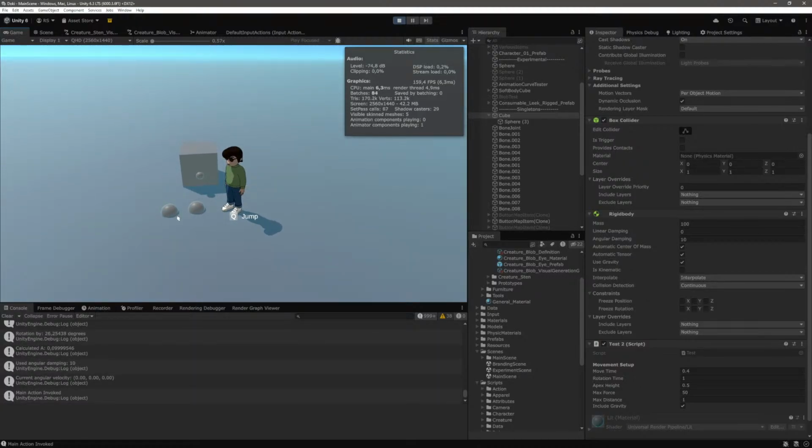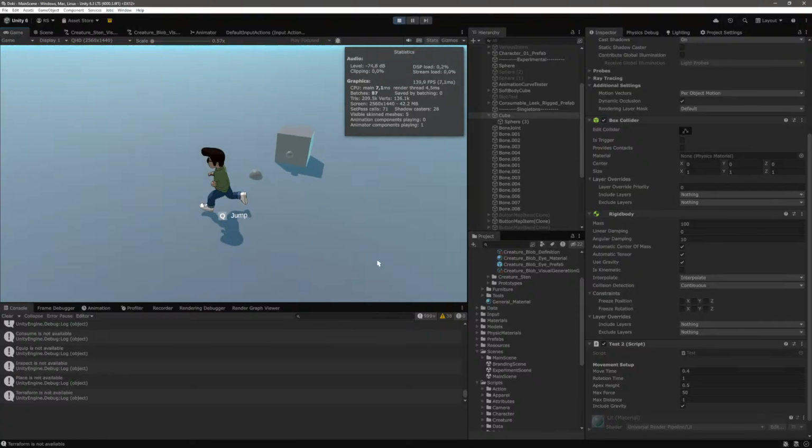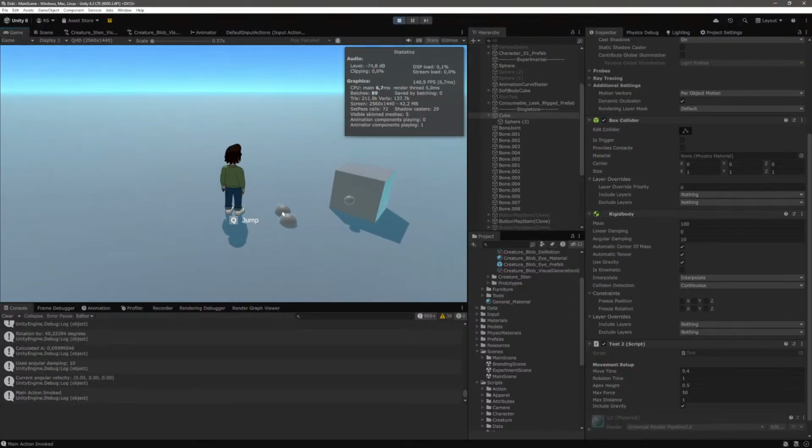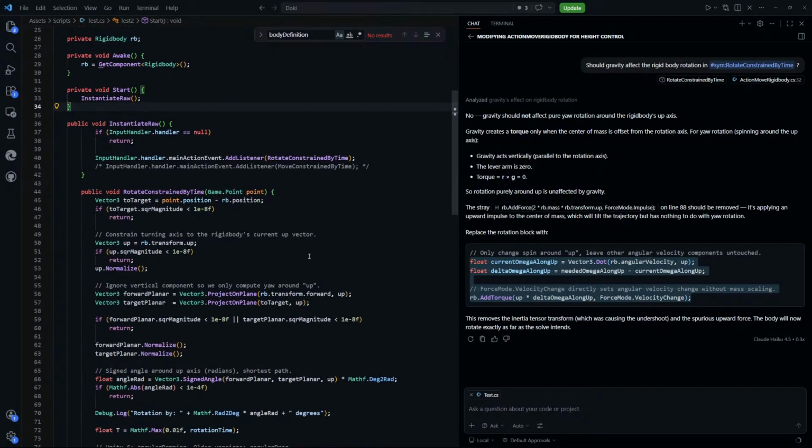Now we have a rigid body with a mass of 100 instead, and it definitely affects the rotation here.